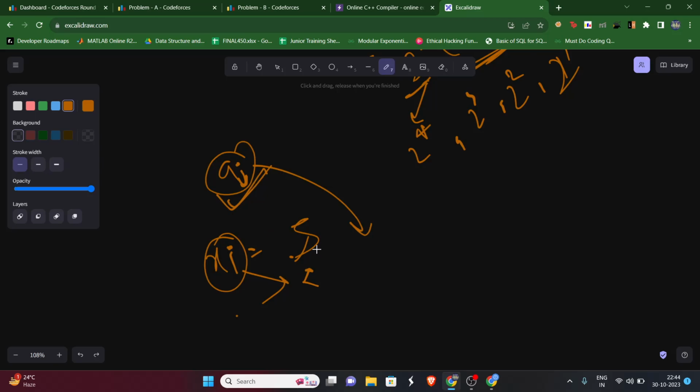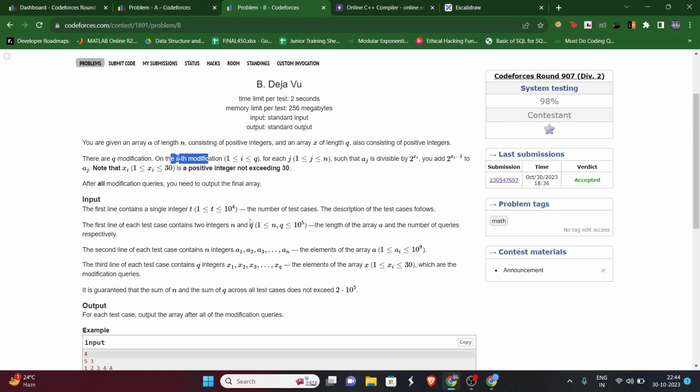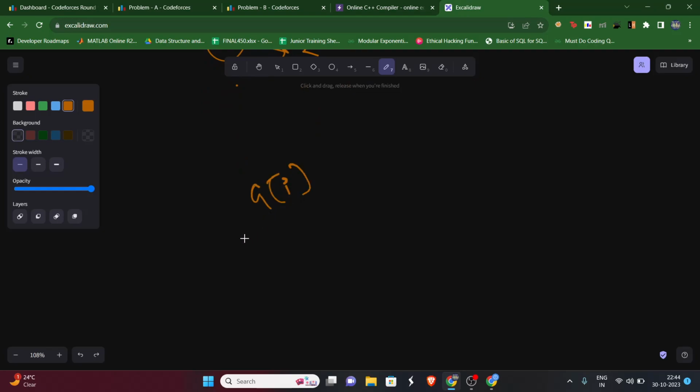From the question itself, we know that the values won't exceed 30. Let's say for a particular i, a of i was divisible by 2 to the power 30.